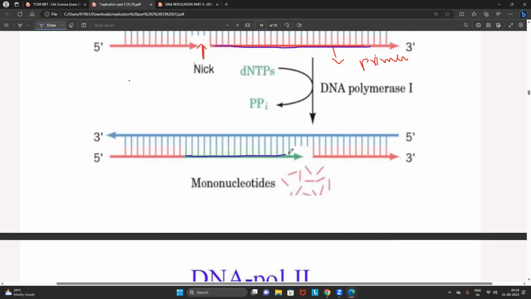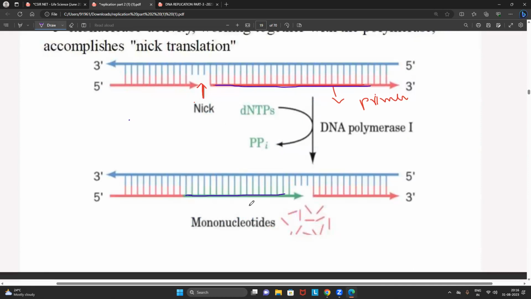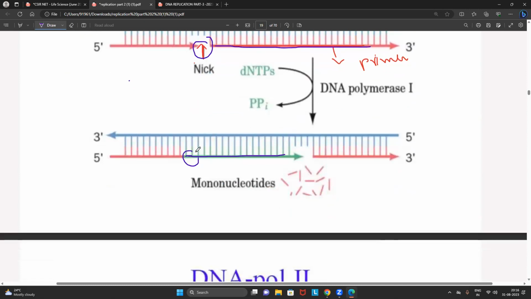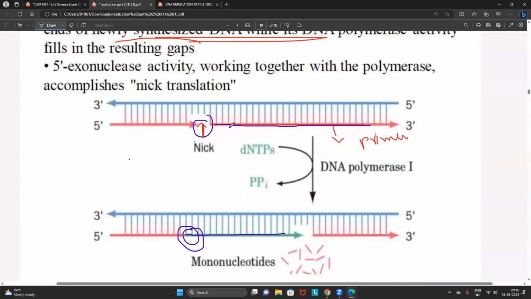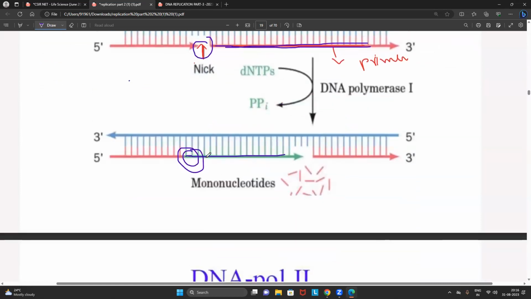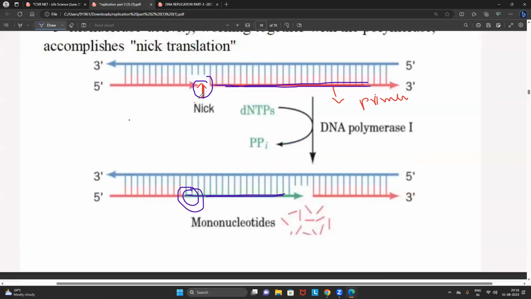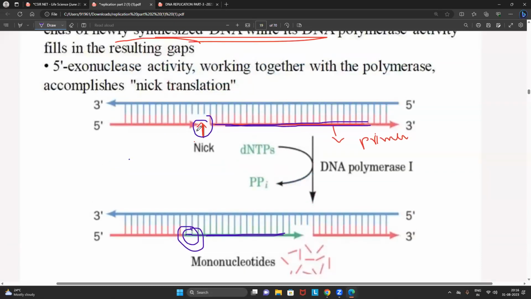It refills with DNA nucleotides, and at the same time it reseals that gap also. So my statement here is: it removes the primer and refills the gap, and at the same time it seals that nick also.